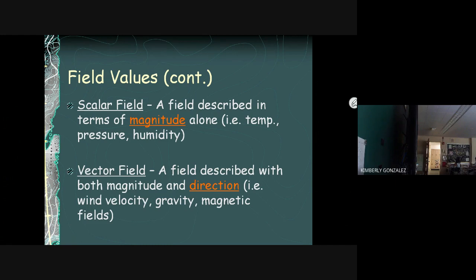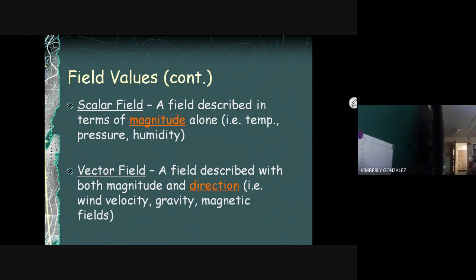So if I said right now the wind is 7 miles per hour, that's going to give me the scalar. 7 miles per hour is just the magnitude. But if I said it's 7 miles per hour in a northeasterly direction, that gives me the vector. So you see how it's the number and the direction, so therefore that's the vector.